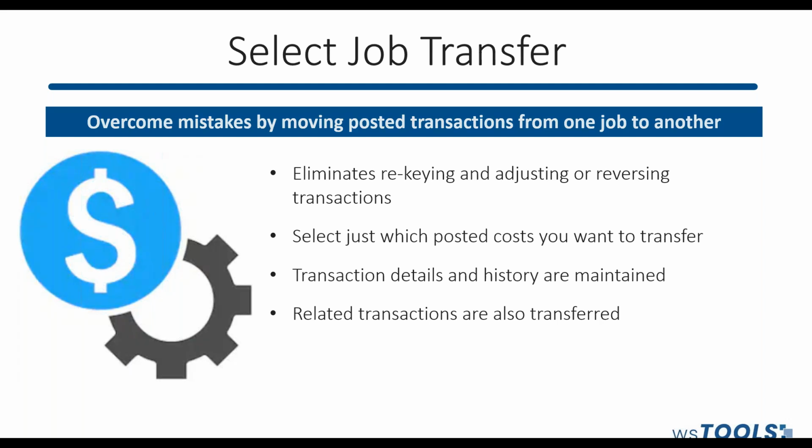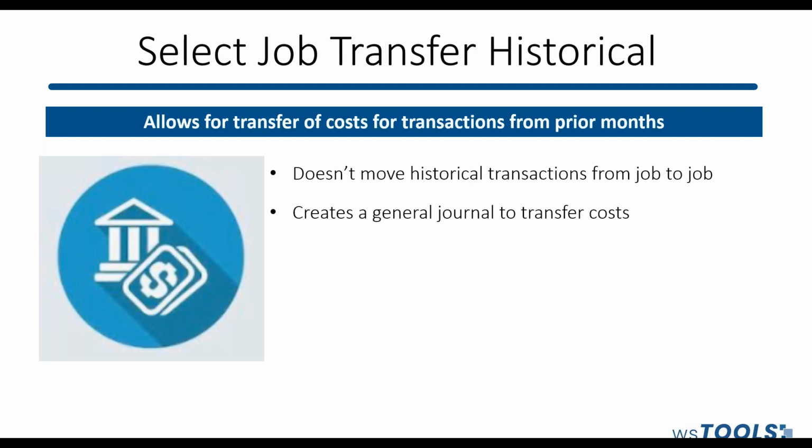And then Sandy, if you want to go to the next slide, we have a historical job transfer as well. By historical, we mean that, let's say you're doing transaction level billing, and you've already done an invoice for those transactions, that would be historical. When you do historical, we don't physically move the transaction from one job to another.